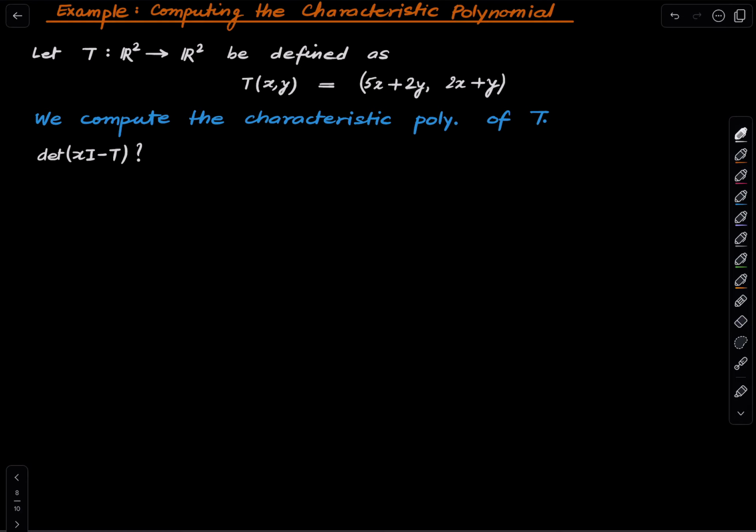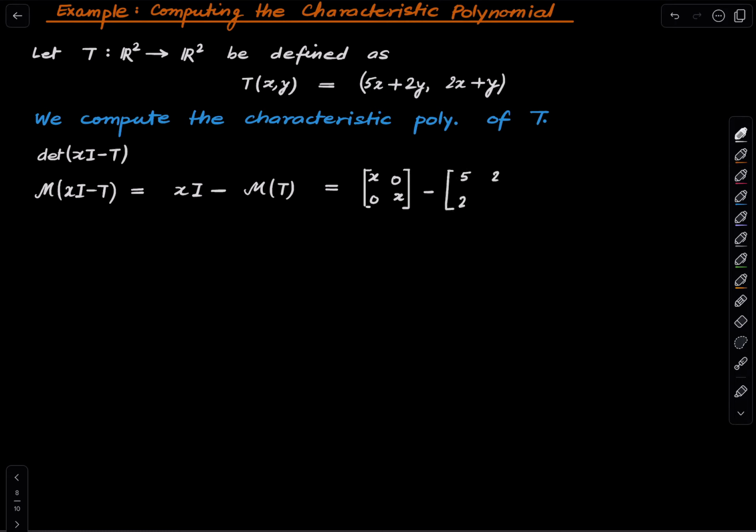So how do we do that? We want to form the matrix of xI minus T with respect to the standard basis. This is x times the identity matrix minus the matrix of T, which is x and x on the diagonal, minus, what is the matrix of T with respect to the standard basis?